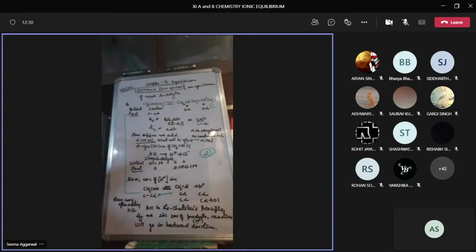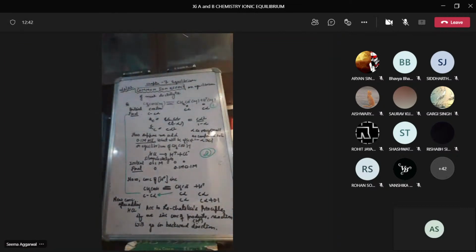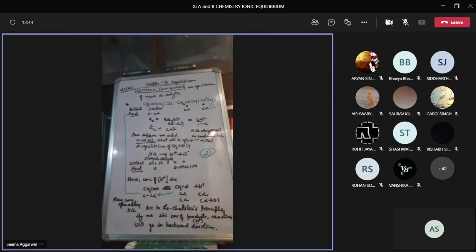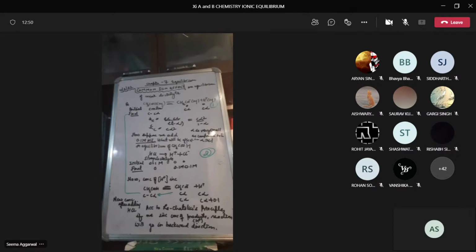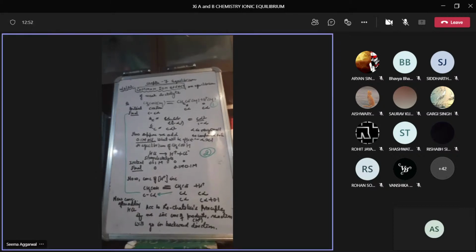What we are doing is taking a weak electrolyte and adding a strong electrolyte having the common ion. Then we are studying what will be the direction of the reaction and how to calculate it. Because if I am not taking a numerical, then I have to explain each and everything again. So it's better that I take a numerical.